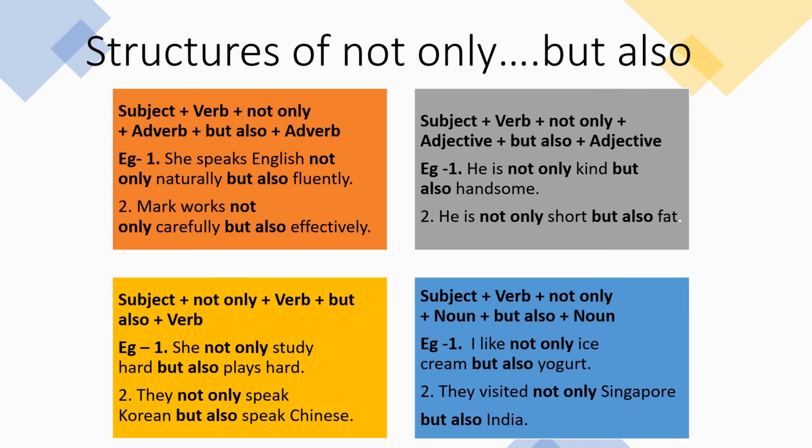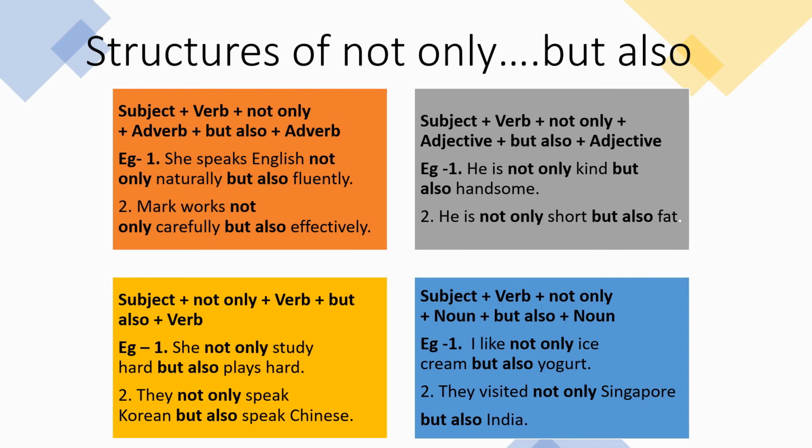Second case, subject plus verb plus not only plus adjective plus but also plus adjective. Example, he is not only kind but also handsome. Second example, he is not only short but also fat.